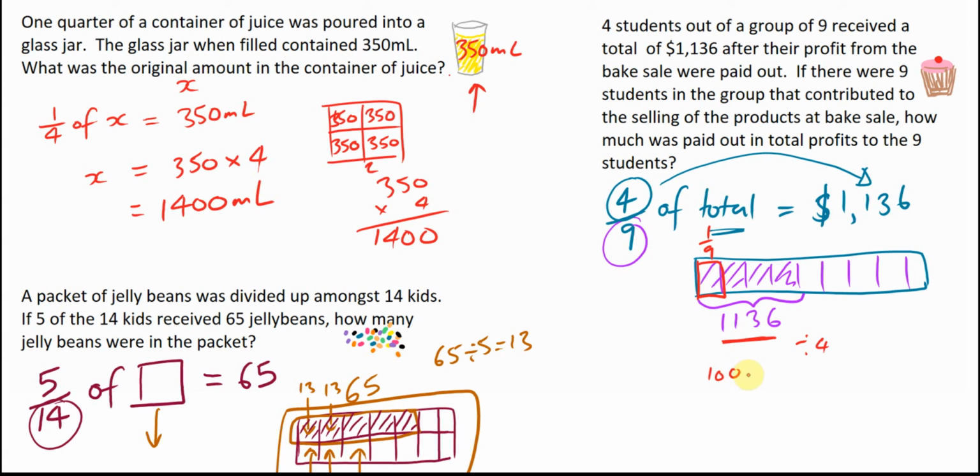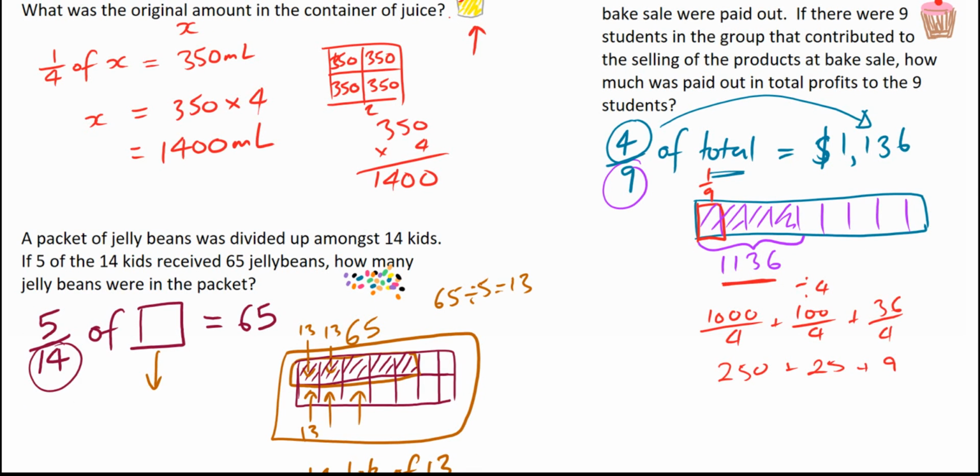Do quick numeracy calculation. So 1,000 divided by 4 plus 100 divided by 4 plus 36 divided by 4. So that gives us 250 there, plus 25, so we've got 275, plus 9. So 275 plus 9, 284.